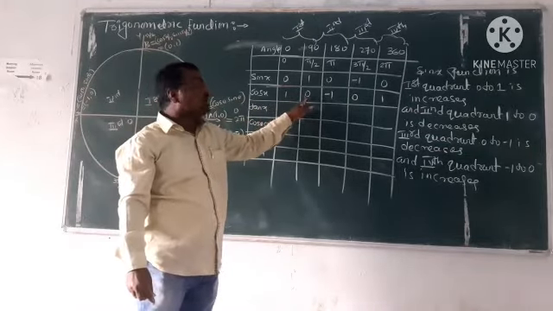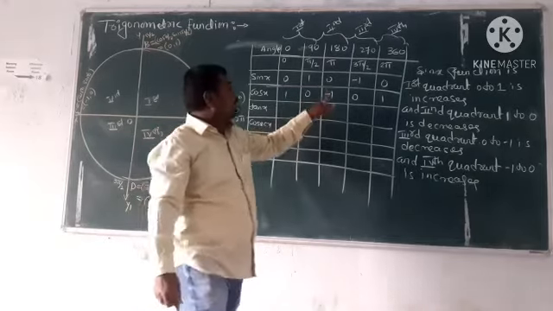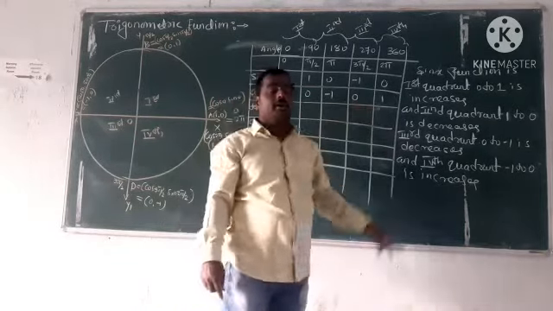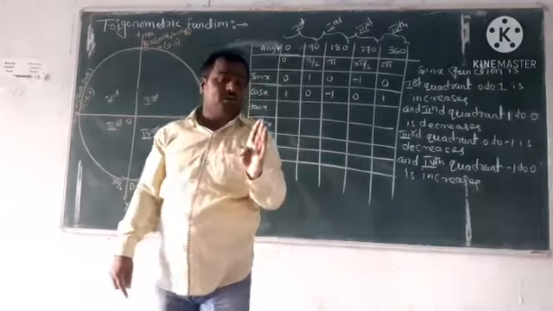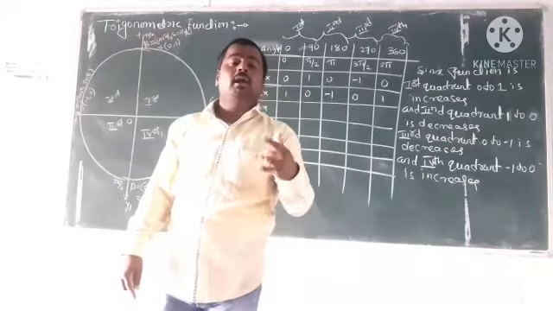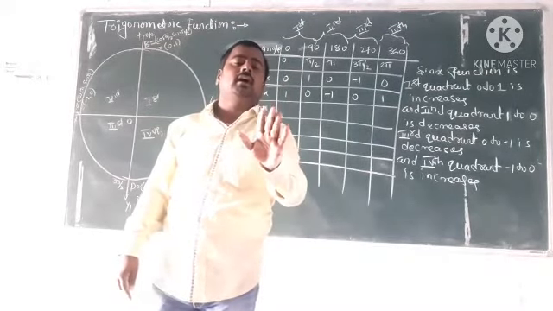In the second quadrant, 0 to minus 1, decreases. Then minus 1 to 0 and 0 to 1, increases. So in the first and second quadrants cos x decreases, and in the third and fourth quadrants it increases.